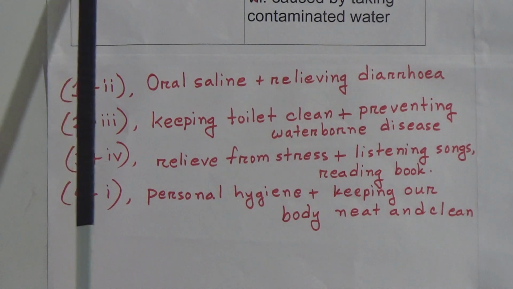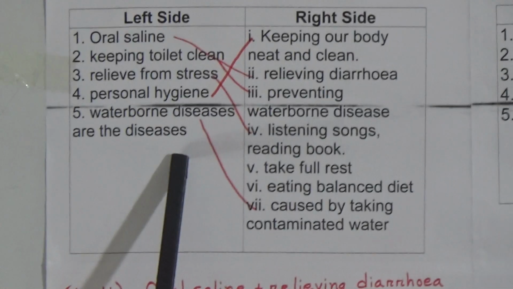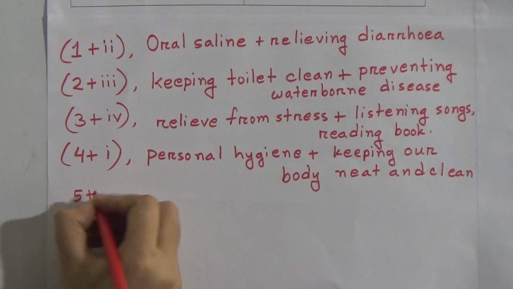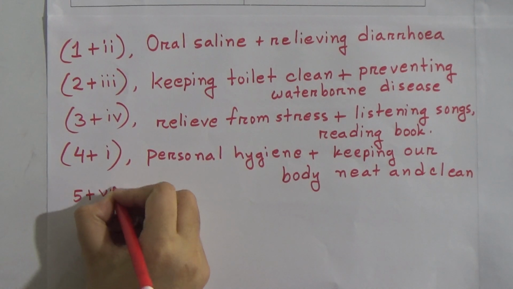Now 5, waterborne diseases are the diseases. It will match with caused by taking contaminated water. 5 plus 7.